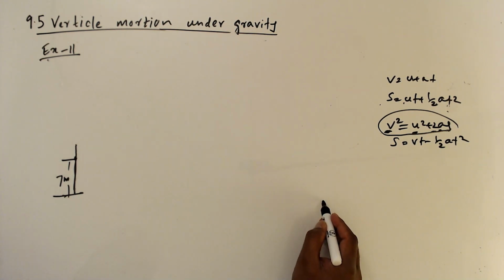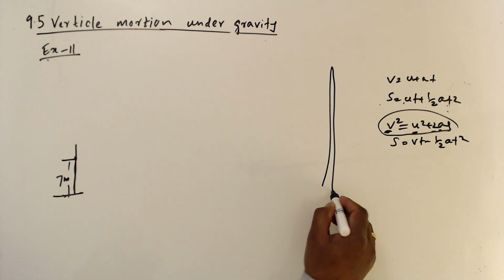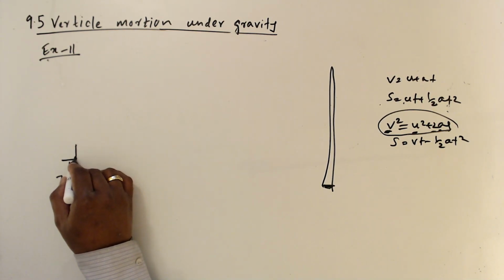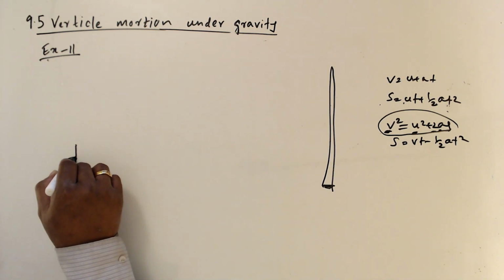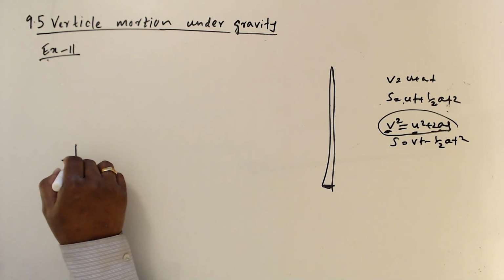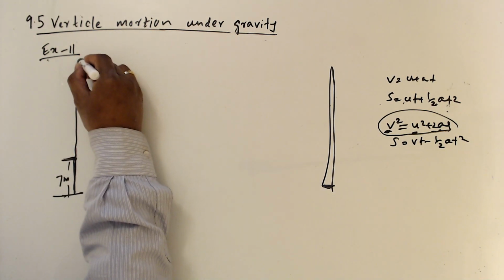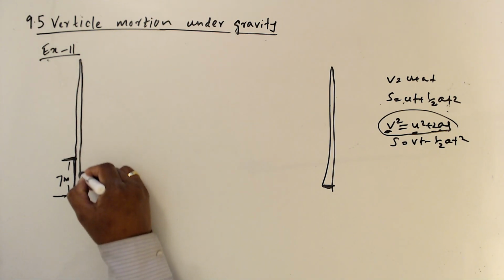You know that when you project a ball, it will go up and come down. The same thing here, but since it is projected from a high place, a platform, it will go up, stop, change direction and come back down.